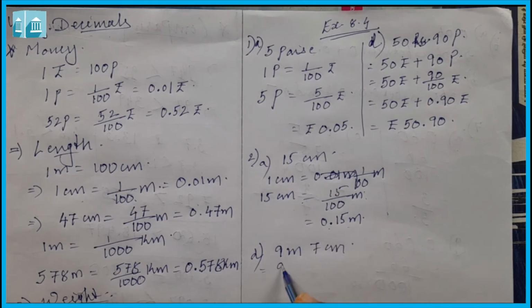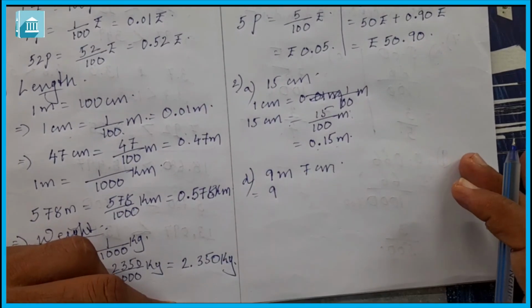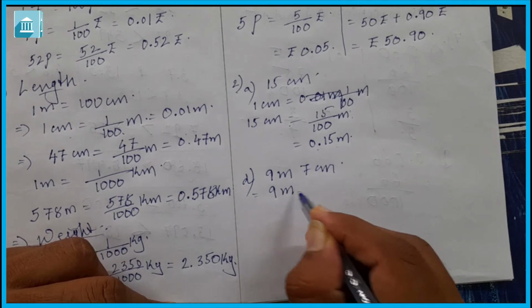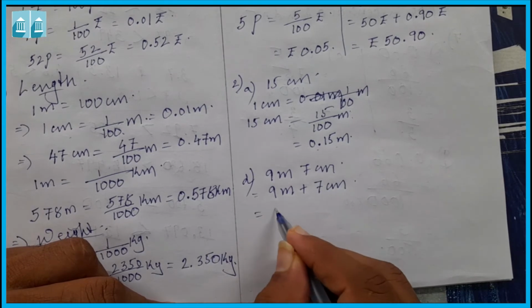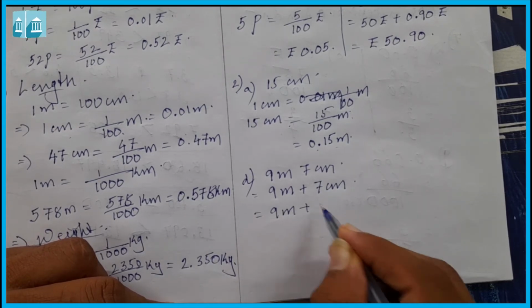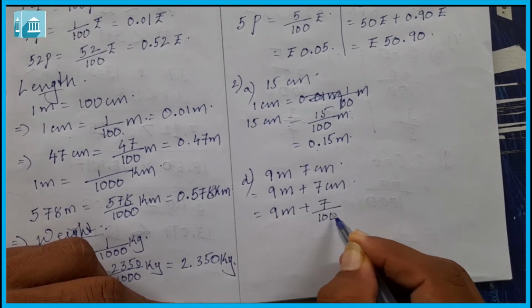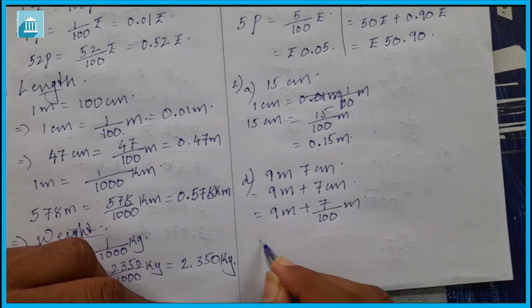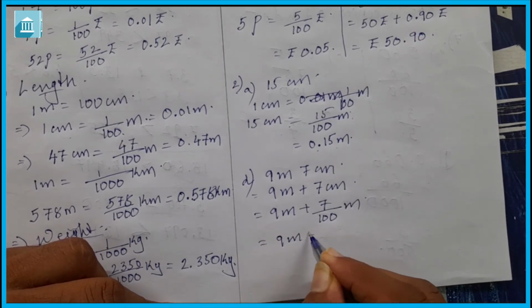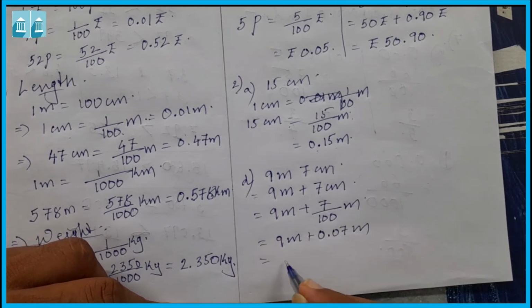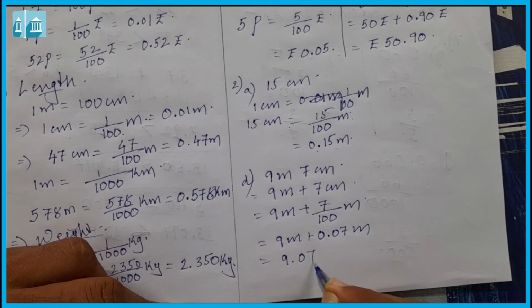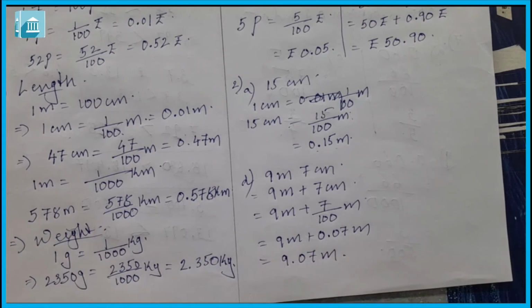So we can convert it like this: 9 meter plus 7 centimeter. 9 meter will remain as it is, this 7 centimeter will be 7 upon 100 meter. 9 meter plus 0.07 meter, this will be 9.07 meter. So the answer is 9.07 meter.